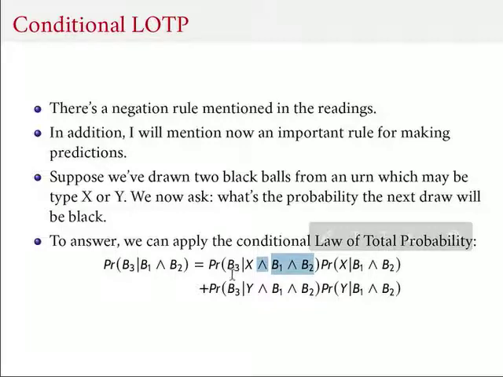So you simply think about the probability of drawing a black given X and the probability of drawing a black given Y. That's the case in which you're drawing with replacement, i.e. the case in which the draws are independent. But in the case in which the draws are not independent, you have to think about the composition of X, given that you've taken 2 black balls out. And similarly, you have to think about the composition of Y, given that you've taken those out as well.